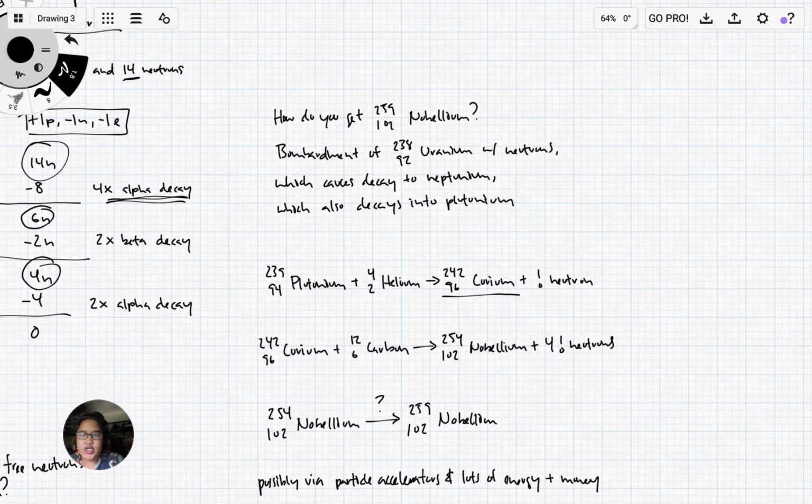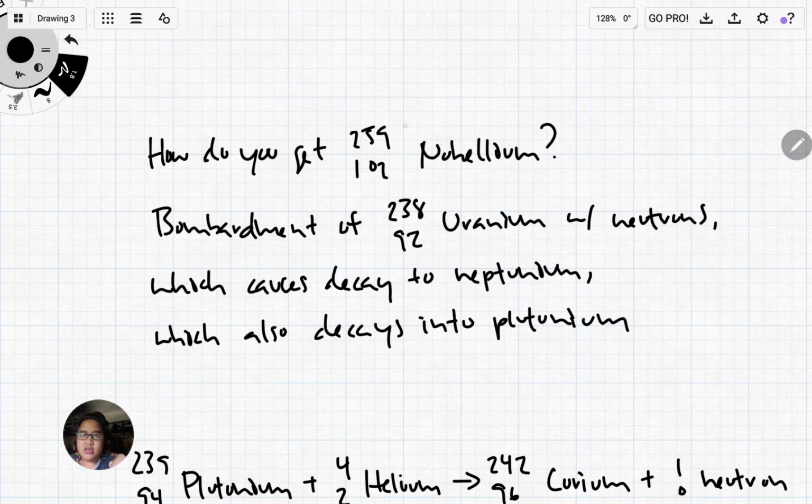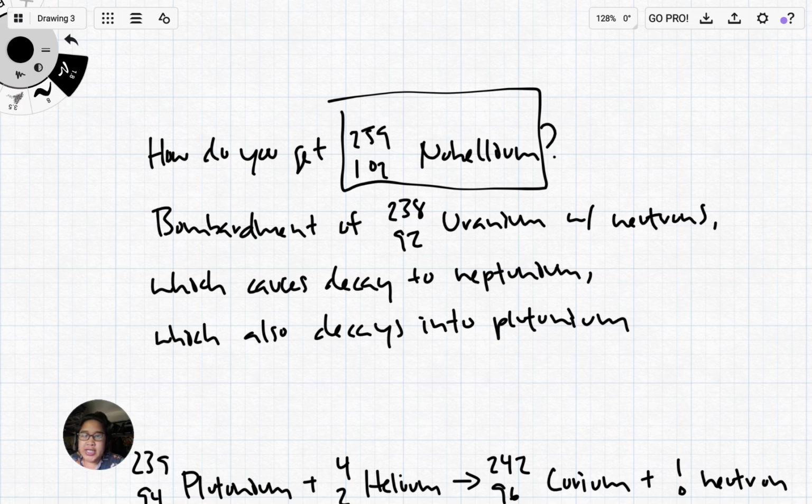Now, the question is, how do you get 259/102 nobelium? This is the most stable isotope of nobelium there is. Most transuranium elements are unstable, it seems, from what I looked at at least.